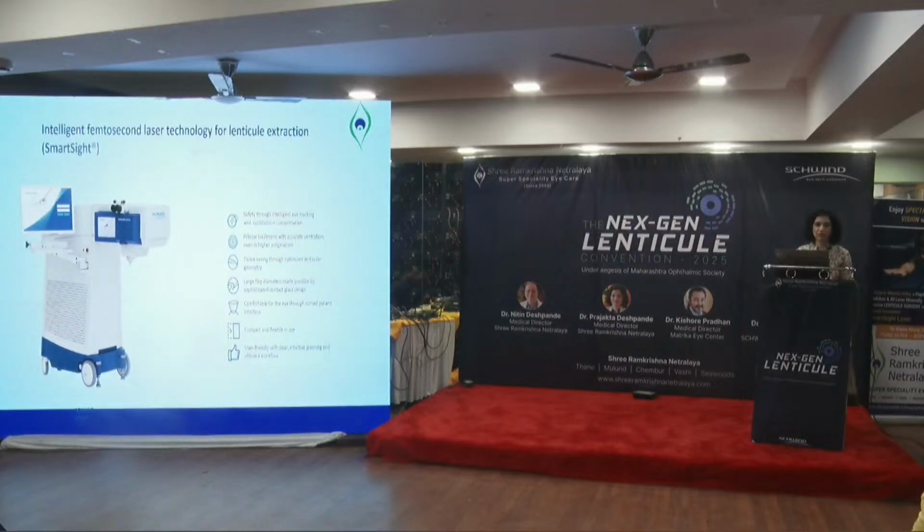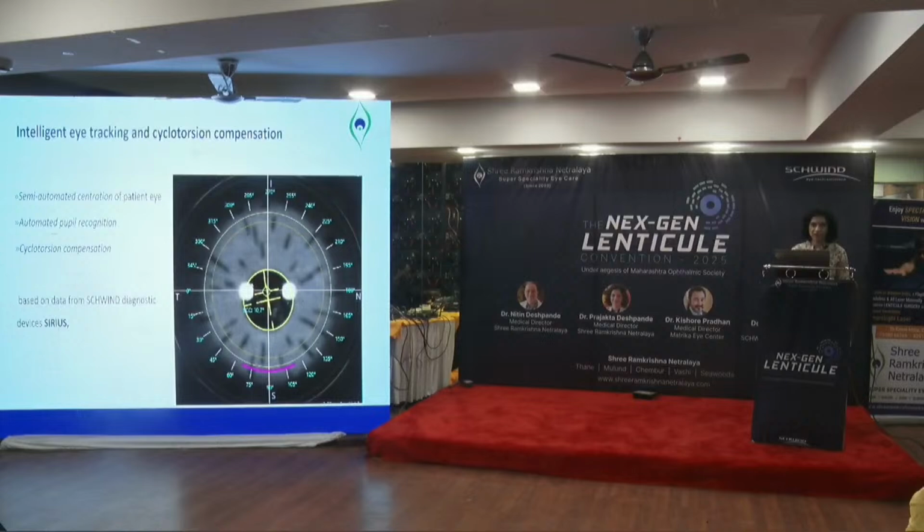So I'll be talking about this intelligent femtosecond laser technology for lenticule extraction, ATOS from Schwind. These are some of the unique features of the machine, and I'll be talking about a few of them in my presentation. The most important feature is that the machine has intelligent eye tracking and cyclotorsion compensation, also automated pupil recognition.